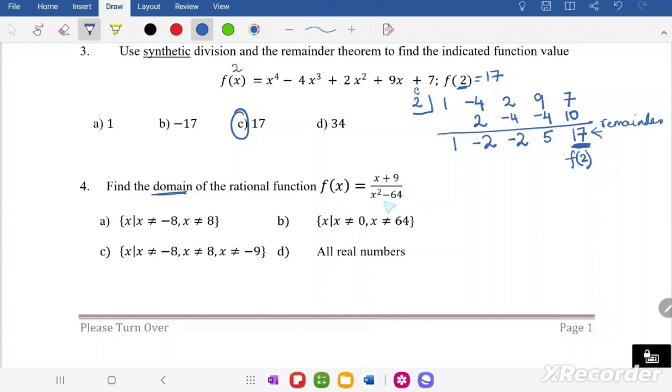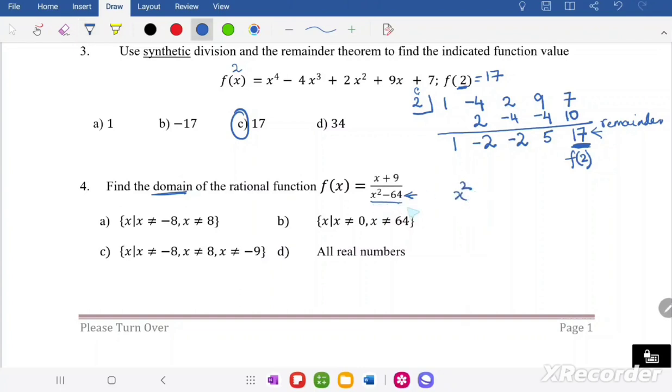Now, because this is a rational function and there is a denominator, we have to exclude values of x that will make the denominator equal to 0. So I'm going to make x squared minus 64.